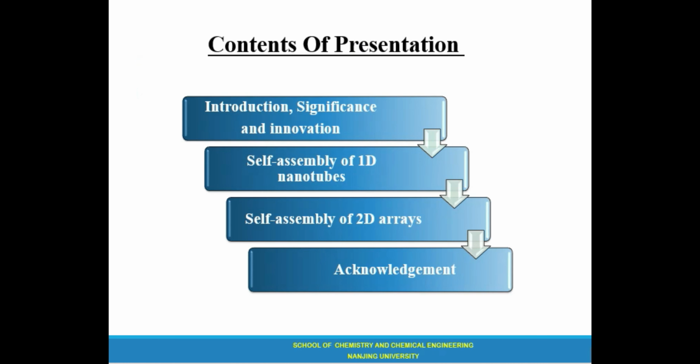Then the next slide would consist of the contents of the presentation. If you are an MSc or MPhil student, then the first section of the contents would be about introduction, background, significance, and innovation. And that would be based upon the first two chapters of your thesis that are introduction and review of literature.